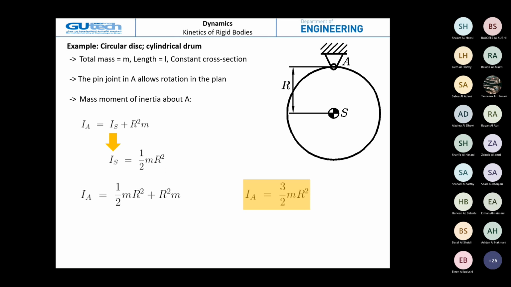This is the same methodology applied only for different geometry and different problems.